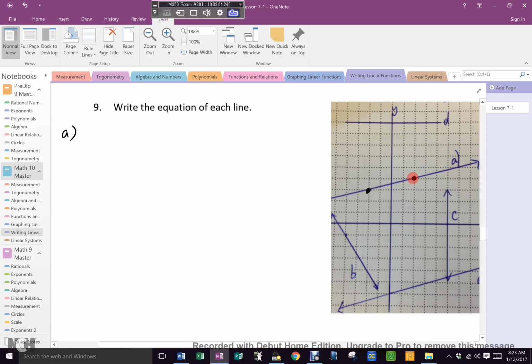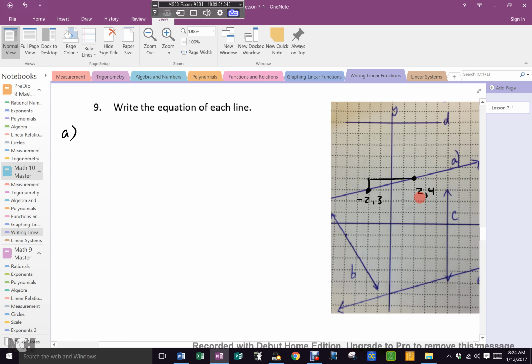Everybody okay with that? So what's my slope? 1, 2, 3, 4, right? And then, can I use either of those points to do point slope? Does it matter which one I do? So that one is -2, 3, right? And what's this one? +2, 4.